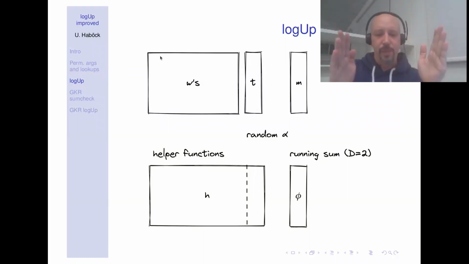For each of these sequences, you need to provide one for the inverses, essentially. So these are the helper functions here. They're just needed to turn a fractional subcheck into a polynomial subcheck. And the polynomial subcheck is proven using standard techniques, like the running sum argument.